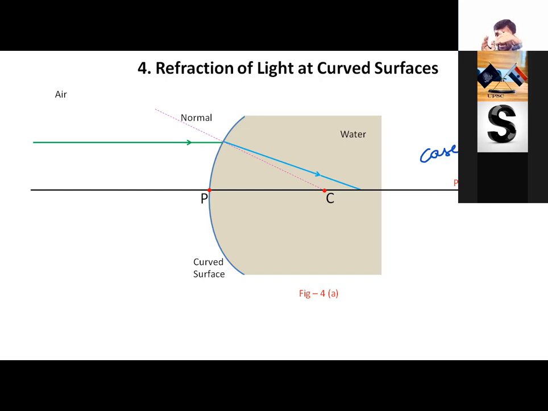Is it bending downward or upward when you see it through the water glass? Bending downward. So it is becoming closer to the normal. That knowledge I used. Nothing else in this. Any confusion? Go for quick reaction.